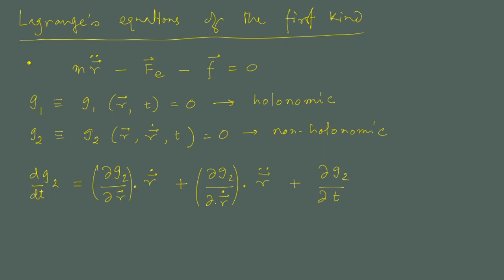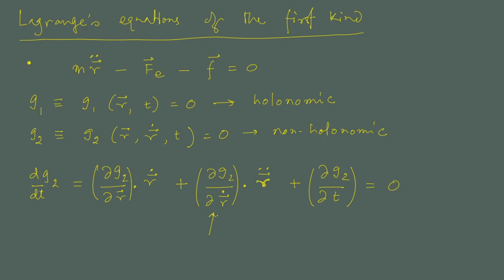It's not a function of acceleration. And similarly, the explicit derivative with respect to time of g2 does not contain any acceleration. So basically, this particular term shows us this: the constraint has something to say about the acceleration of the particle.